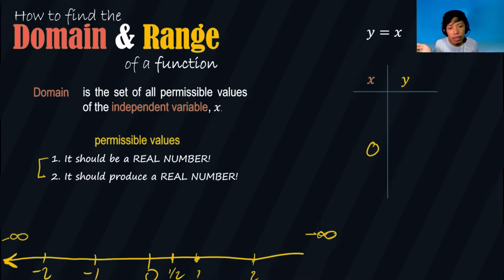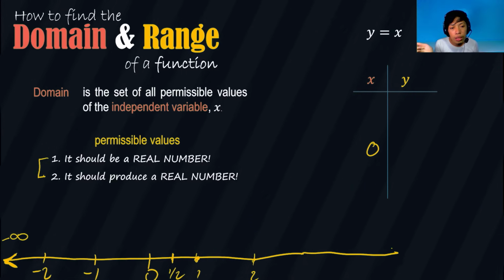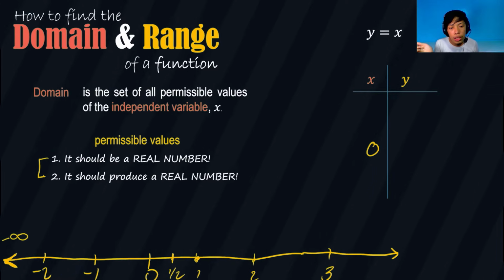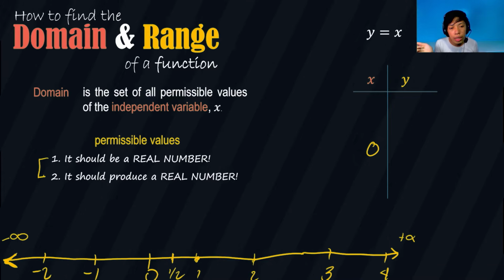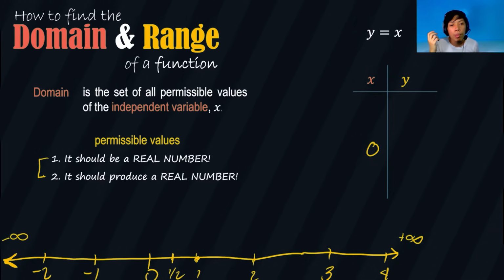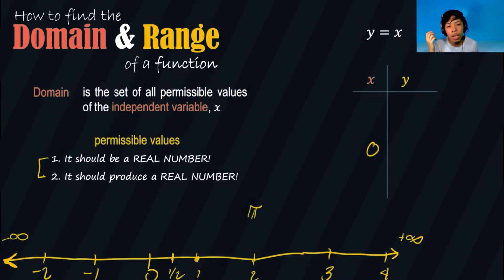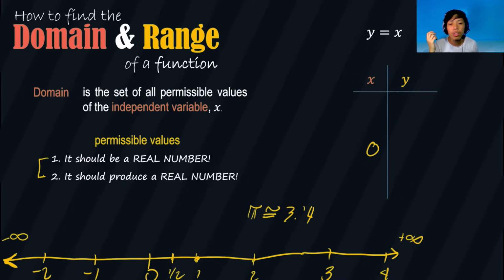Let's extend this one. So we have here 3 to the positive infinity. I need 4 positive infinity. So how about pi? Take note that pi is approximately equal to 3.14.